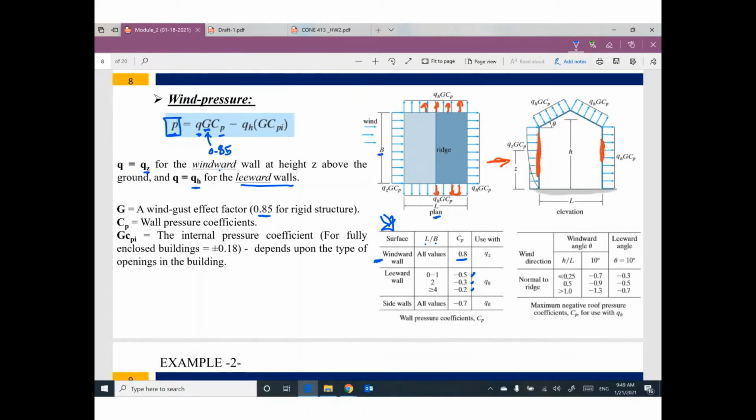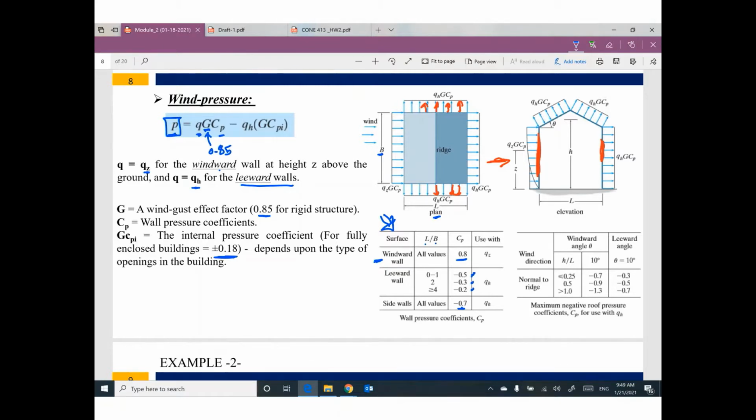B is the length of the building. For the side wall, the value for Cp equals negative 0.7. Anyway, GCpi is the internal pressure coefficient. All the time it is taken as plus or minus 0.18.